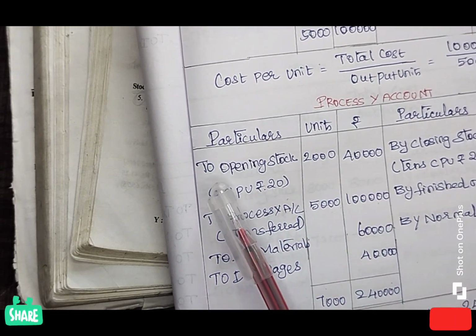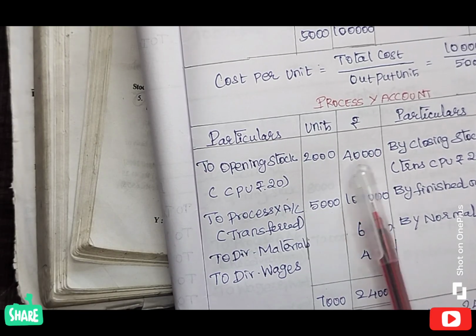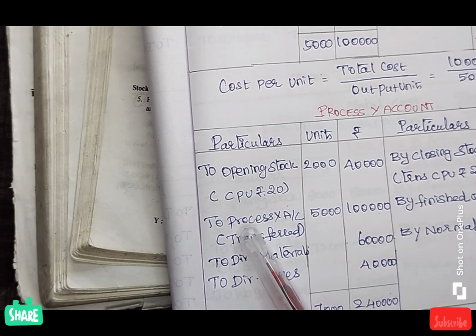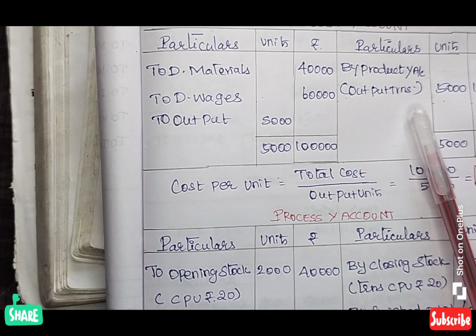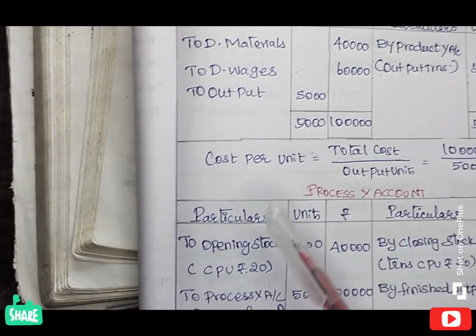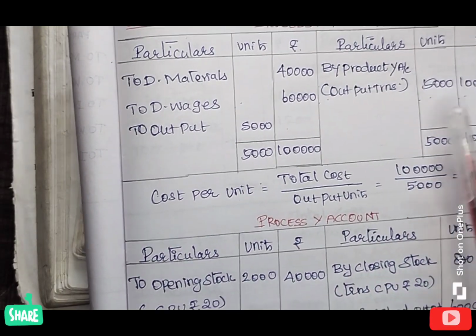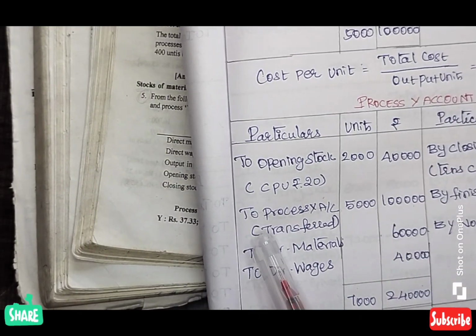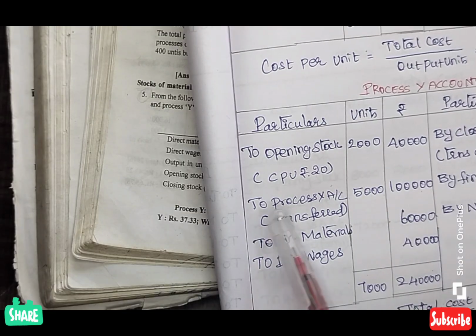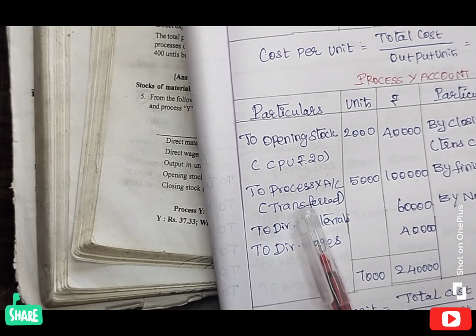So what is the opening stock value? The amount is 40,000. Then you are going to take the output units from the previous process and enter them into the current process. So that is 5,000 units and 1 lakh rupees will be entered. You are going to write against this value, process X account, and within the bracket you should write transferred.